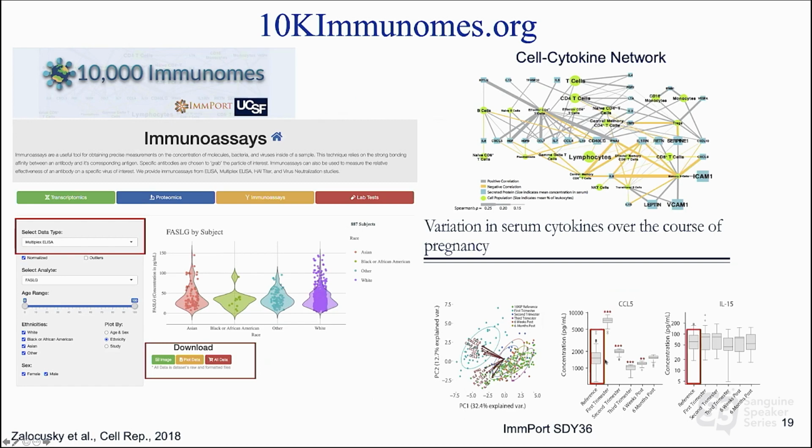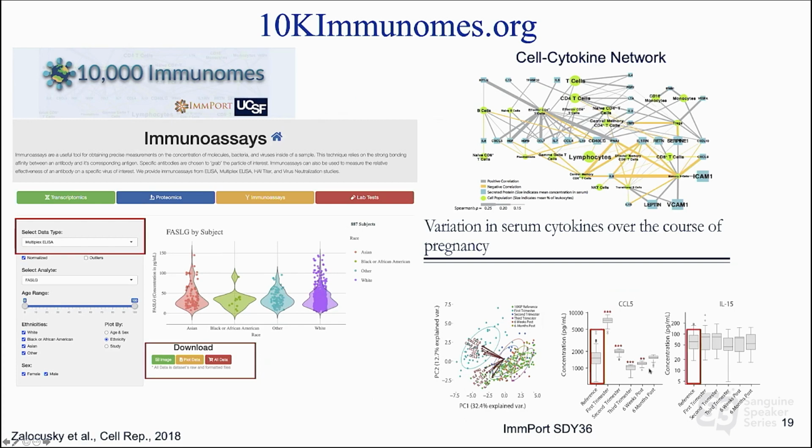So using this human baseline data from 10,000 Immunomes, as you can see here, highlighted in the red box, we were able to plot the data to see, if someone is interested to know what the pre-pregnancy control data was, though these are from different women, but still you can compare in the same plot to see the differences and the p-values of what changes are happening over the pregnancy period.